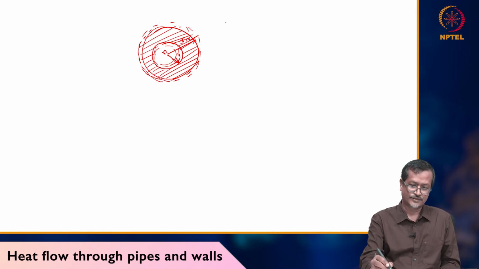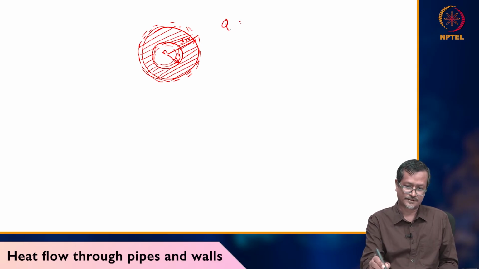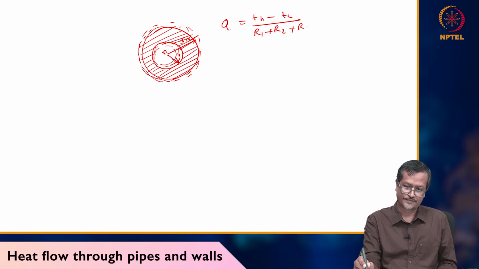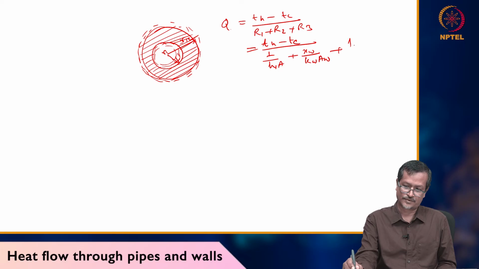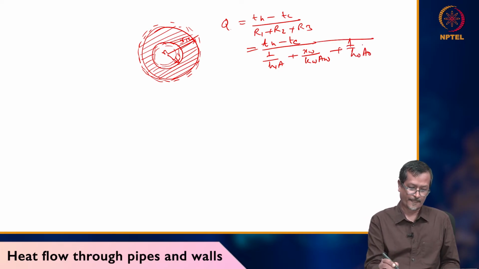I can make. So Q equals TH minus T cold over R1 plus R2 plus R3, equals TH minus T cold divided by 1 by HIAI plus XW by KW AW plus 1 by HOAO. Okay.